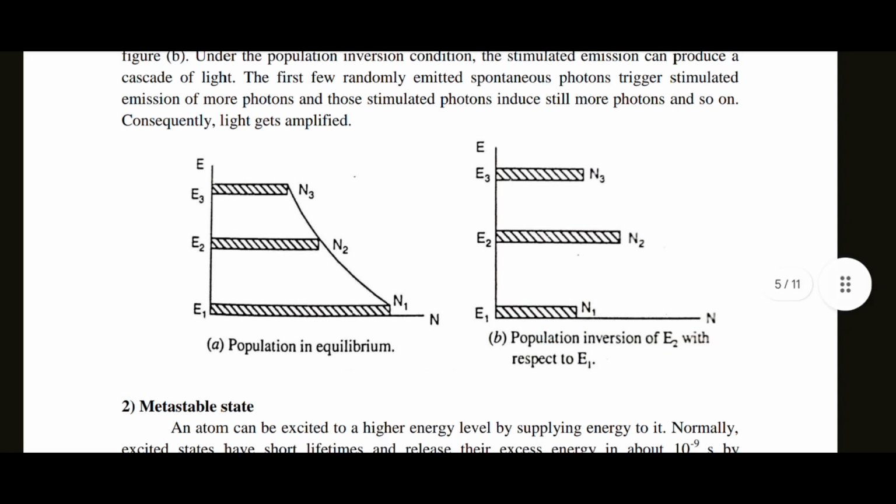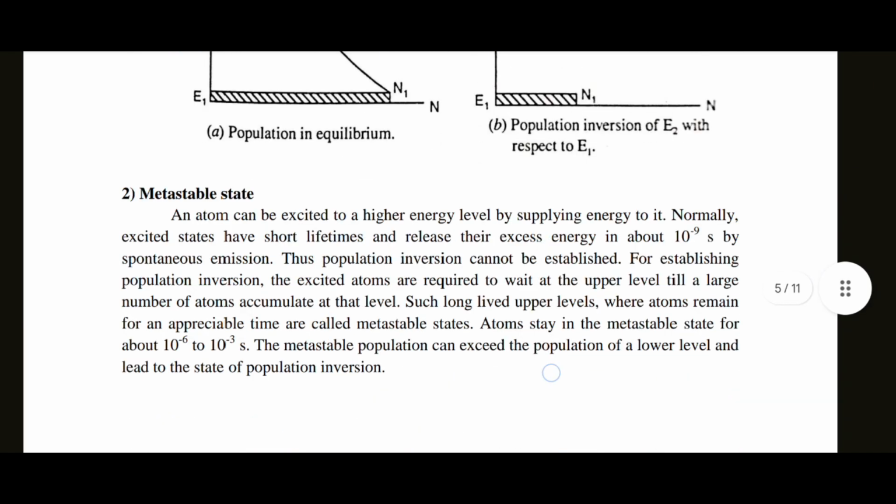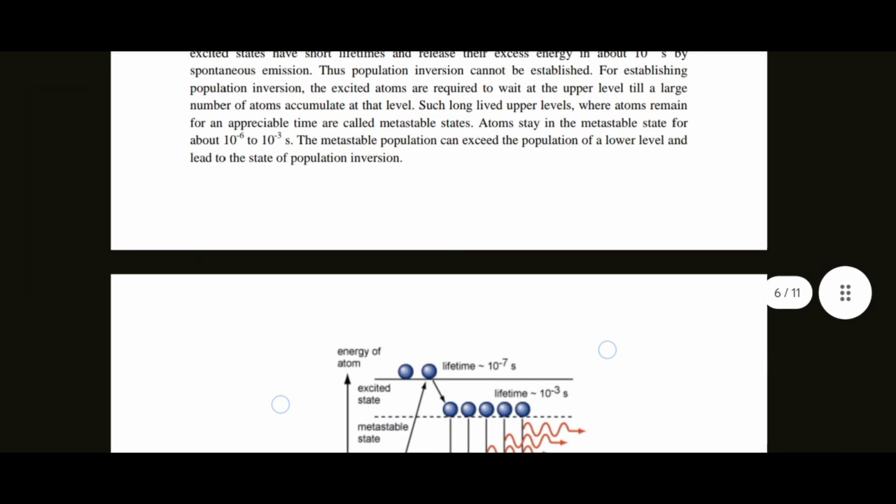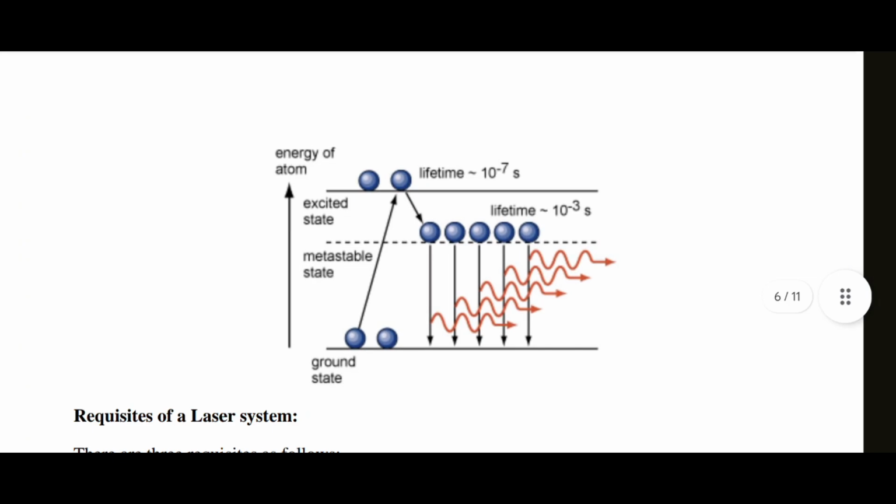The first figure is under thermal equilibrium, and B is population inversion at a non-equilibrium state. A metastable state is a level to which the atom can be excited with a supply of energy. Normally, at the excited state, atoms have short lifetimes and release their excess energy in about 10 power minus 9 seconds by spontaneous emission.